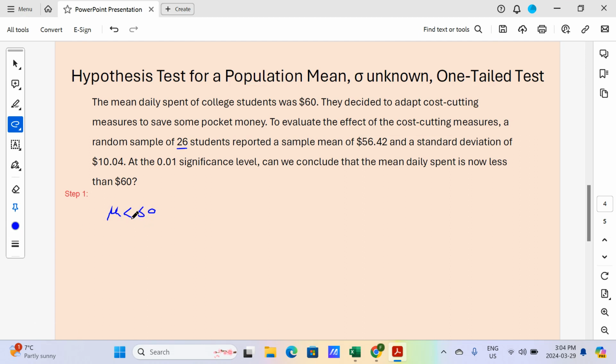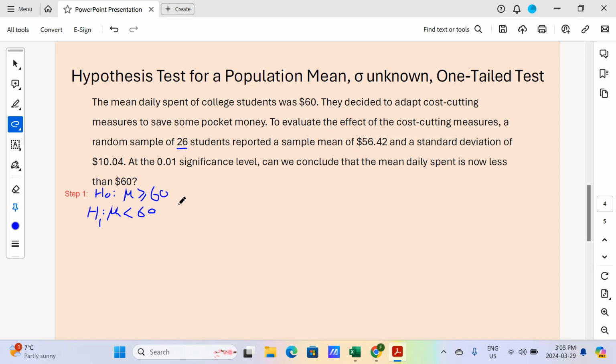Can it be the null hypothesis? No, because we don't have any equal sign. So we already made H alternative, H1, because if you remember, we must have the equal sign in H0, the null hypothesis. So as a result, H0 would be mu is more than or equal to 60.